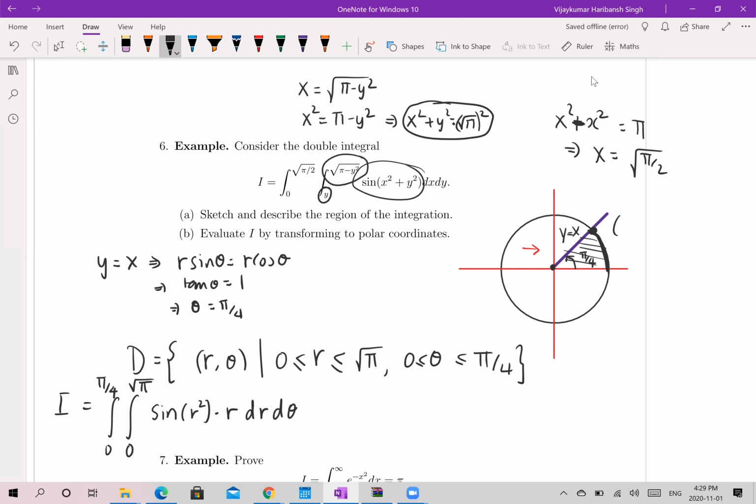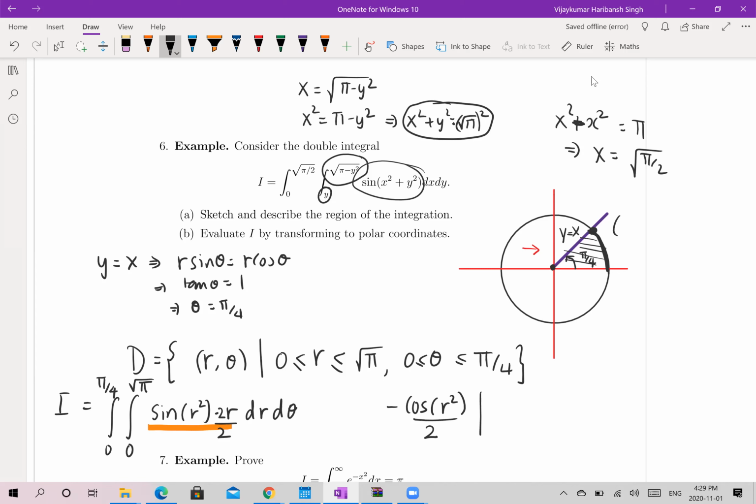So this is the integral we want to compute. Here we can use substitution, right? Integration of sine is minus cosine. So this integral can be shown to be minus cos of r squared divided by 2. I'm basically multiplying and dividing by 2 so that you can do the substitution properly.